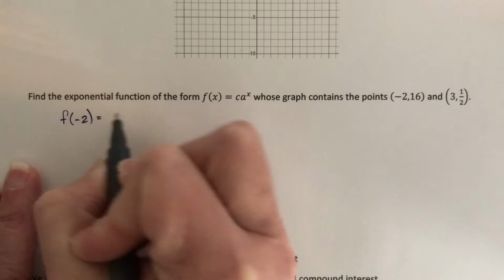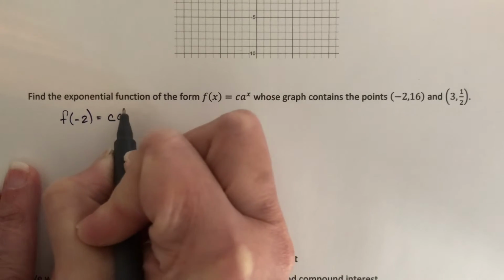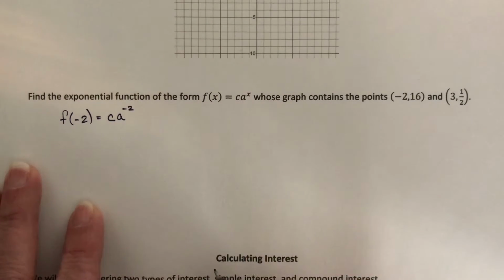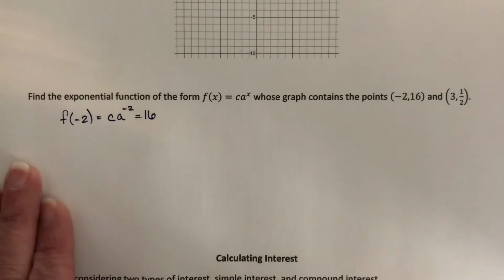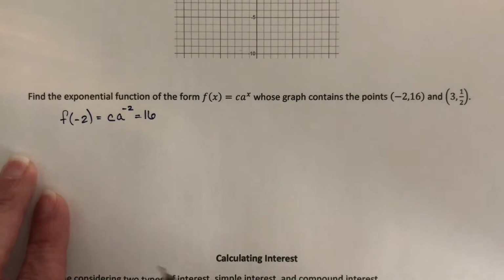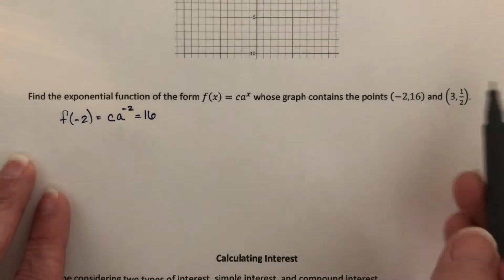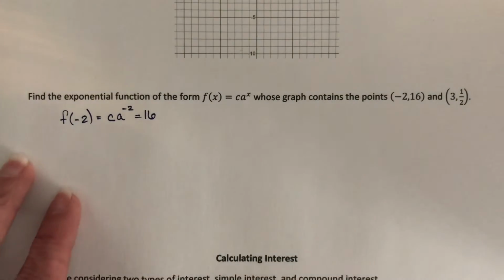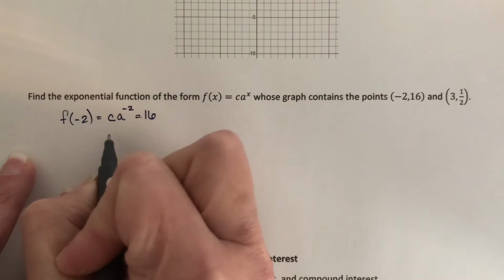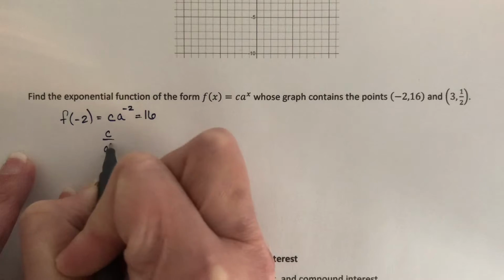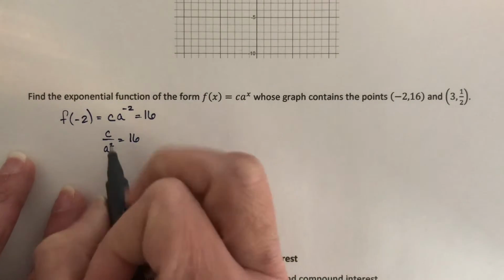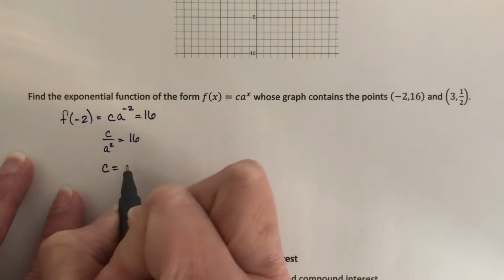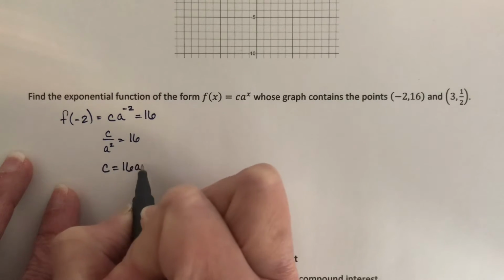That would be c a to the -2, and I know that must equal 16. I can solve this for c and then use that c value with the other point. This is the same thing as c over a squared is equal to 16. Multiply both sides by a squared, and you find that c must equal 16a squared.